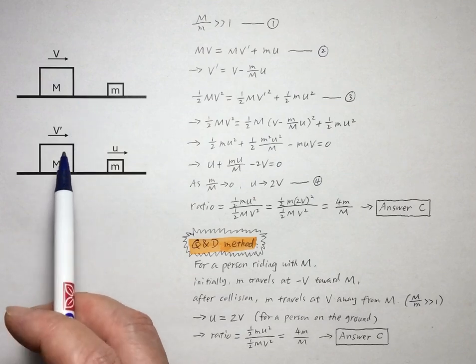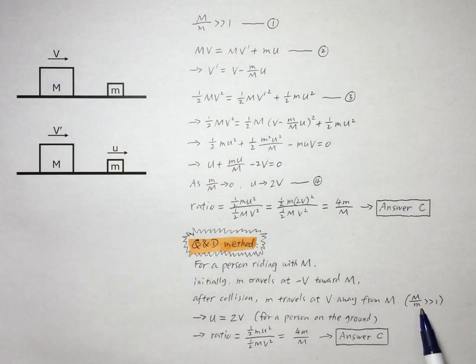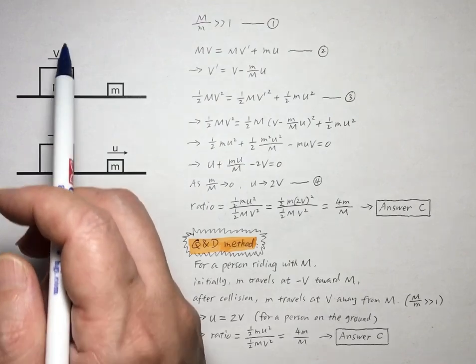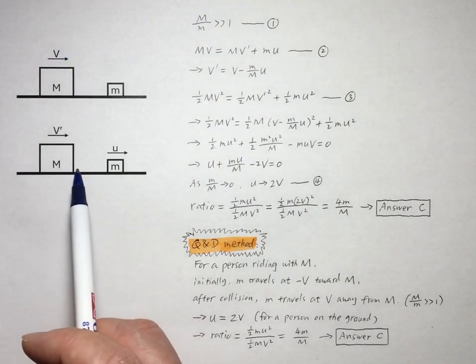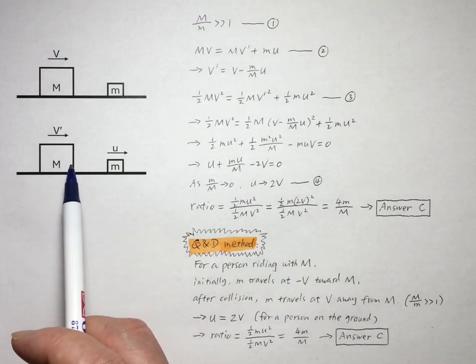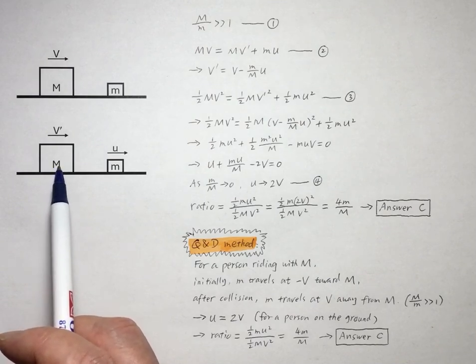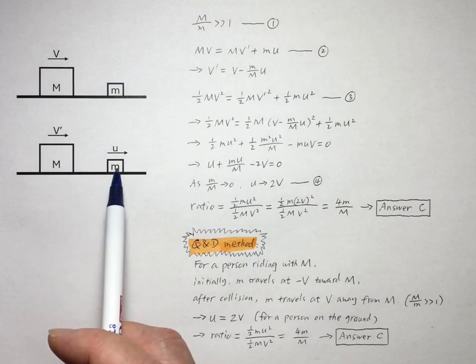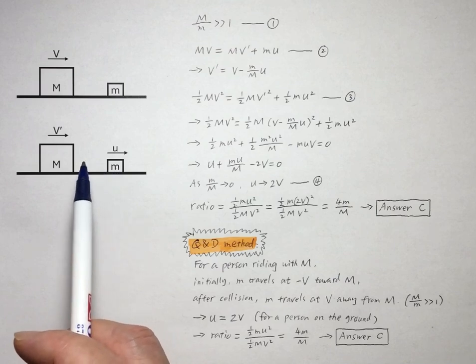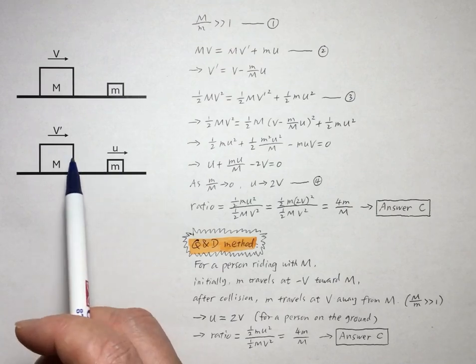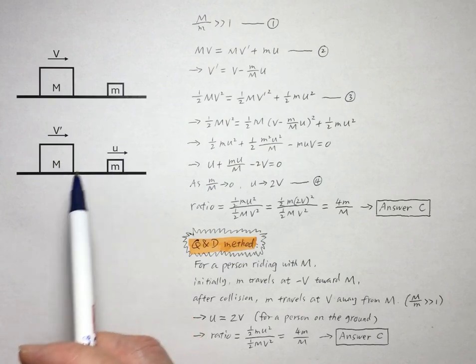After the collision, because we know that capital M is much larger than lowercase m, v prime is almost equal to v. So after the collision, to the eyes of this person riding with the heavier object, the lighter object travels at v away from this person.